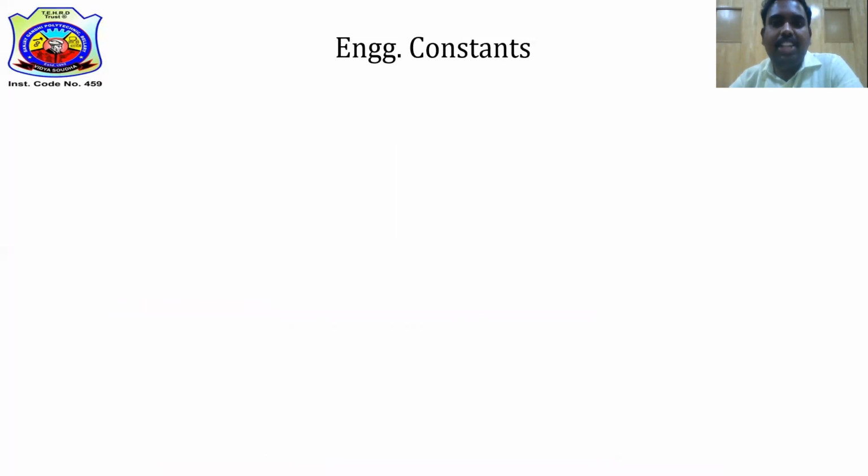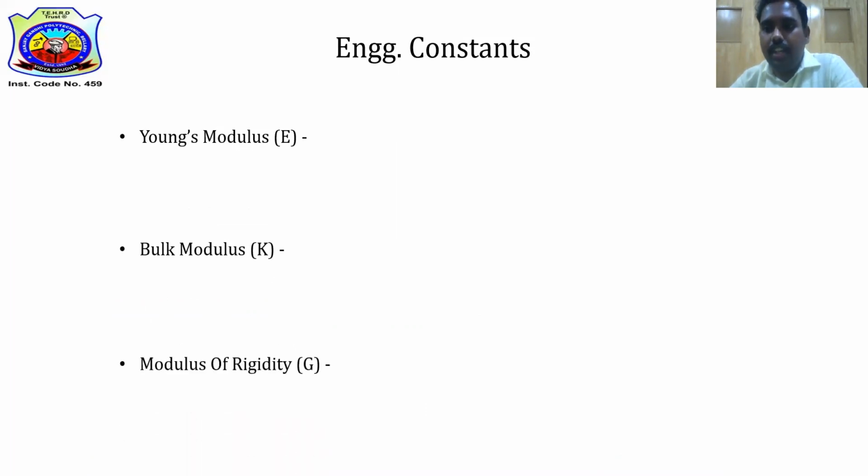Now let's deal with the engineering constants. Mainly there are three engineering constants. One is Young's modulus, next is bulk modulus, and next is modulus of rigidity.